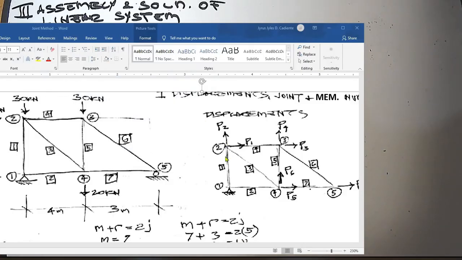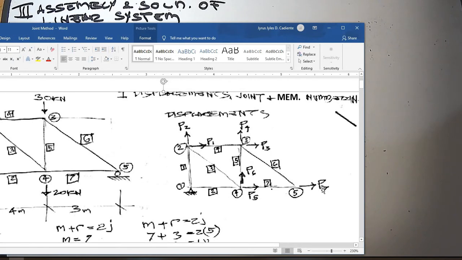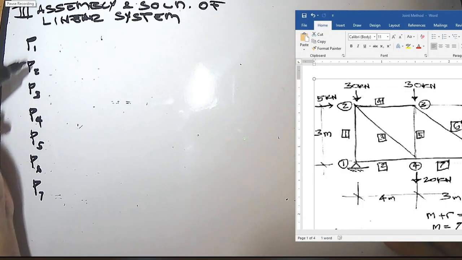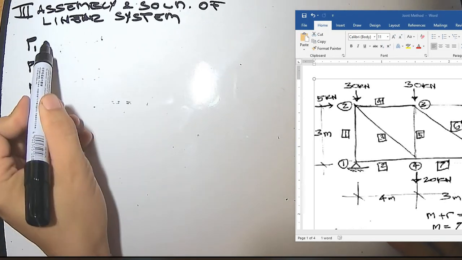So, going back to our figure, ang ating displacements ay P1, P2, P3, P4, P5, P6, and we have P7. Okay, so hanggang P7 ang last displacement. Yan. Okay, so P1, 2, 3, 4, 5, 6, 7. I-arrange natin siya pababa.